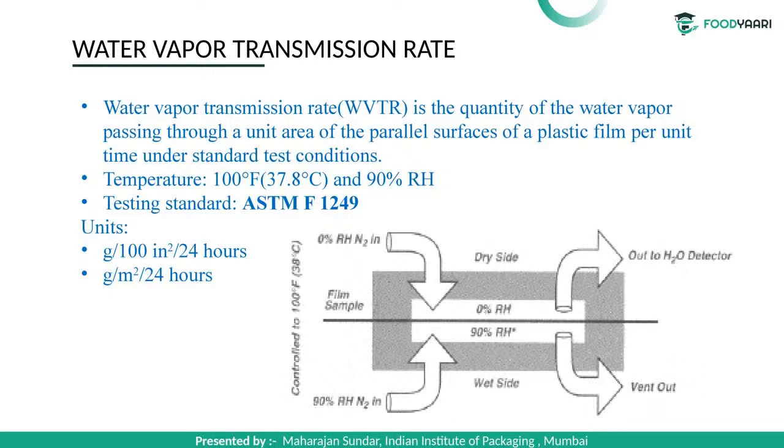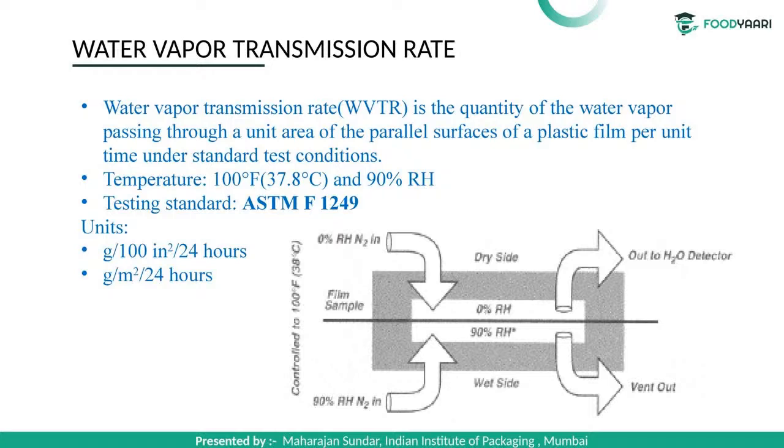It will be vented out. At the exit of the vent, there will be a sensor which will detect and give us the value of the percentage of wet nitrogen present.